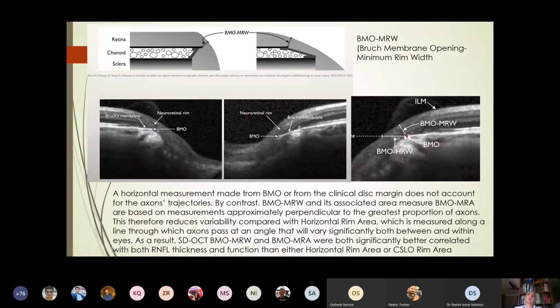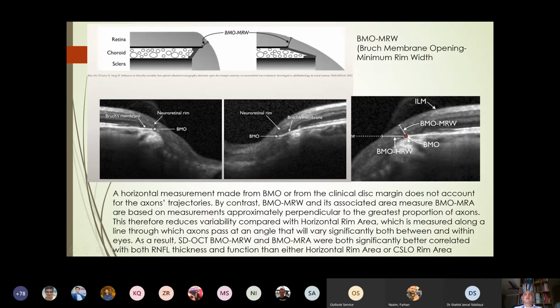This is the horizontal rim width, but that can change if the orientation of this disc is slanting or if it is perpendicular. So in order to get rid of that anomaly, they have come up with Bruch's membrane opening minimum rim width.